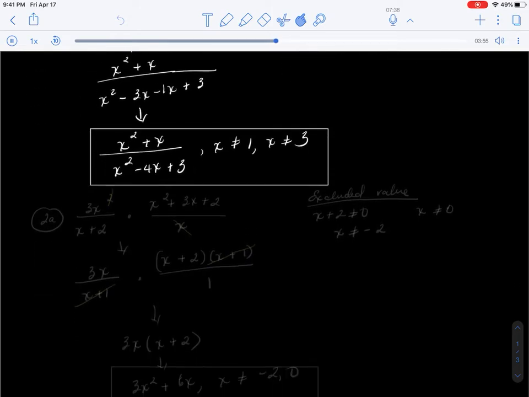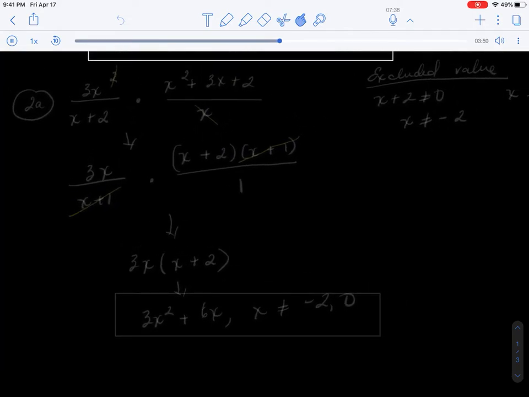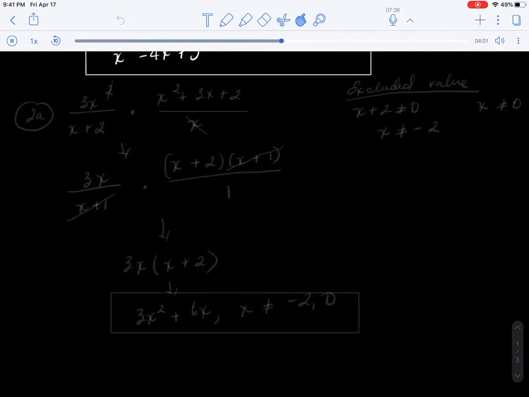Okay, let's take a look at number 2. The same process, they ask you to simplify it by multiplication as well. So 2a over 3x squared, x plus 2, multiplied by x squared plus 3x plus 2 over x.